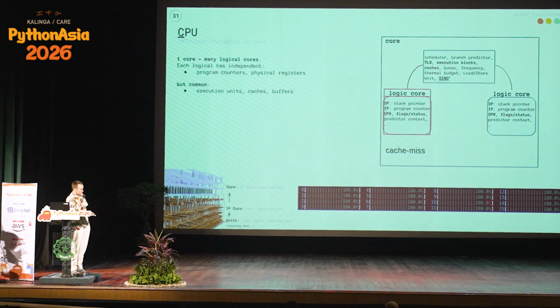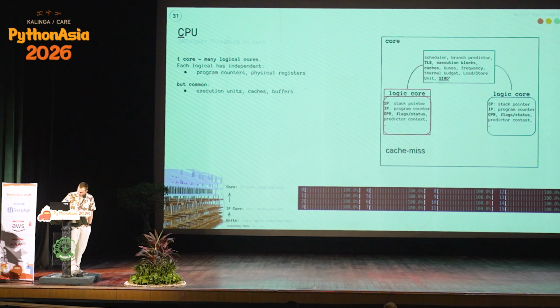When you use free threading, for example in Python since 3.13 CPython, or use multiprocessing, you work with logical cores. This is named simultaneous multithreading, or Intel calls it hyper-threading.